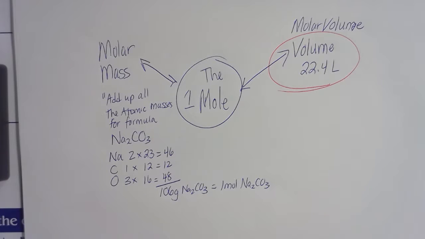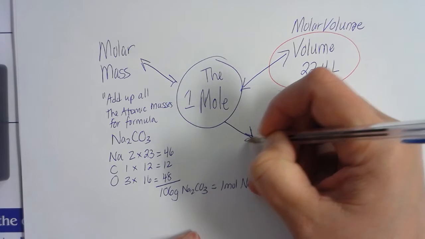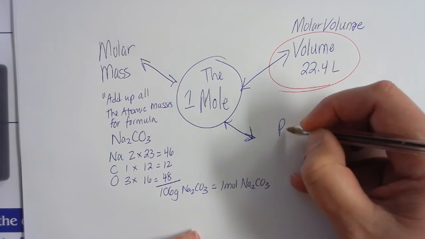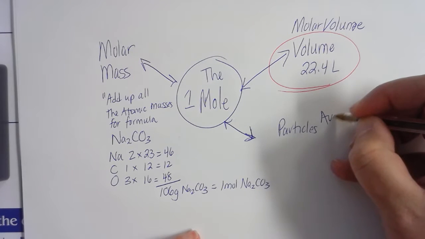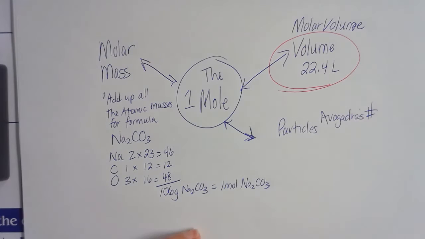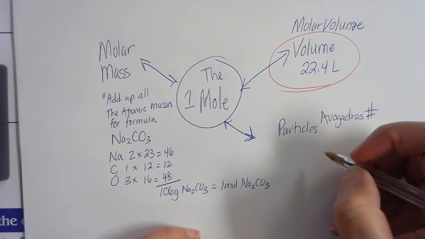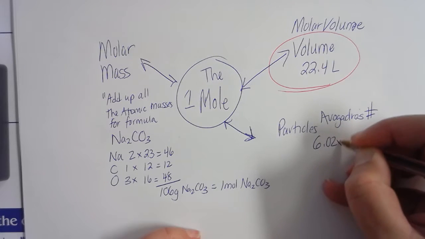All right, what's the third thing that moles can be? Avogadro's number of particles. All right, so particles, and we know that this is Avogadro's number. And what is Avogadro's number? 6.02 times 10 to the 23rd.